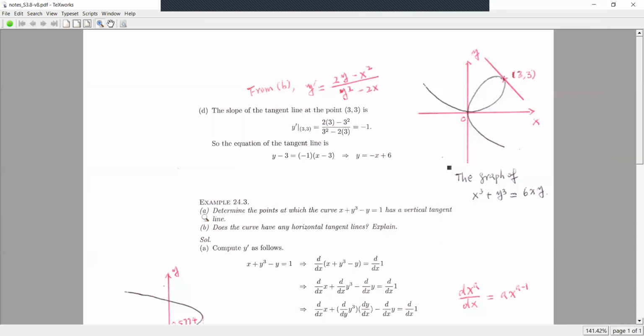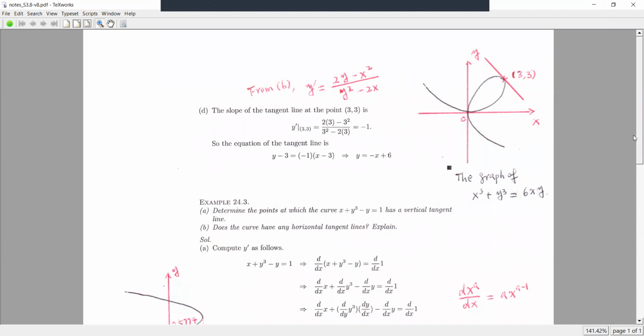Example 3, part A. Determine the points at which the curve of this equation has a vertical tangent line. Part B. Does the curve have any horizontal tangent lines? Explain.